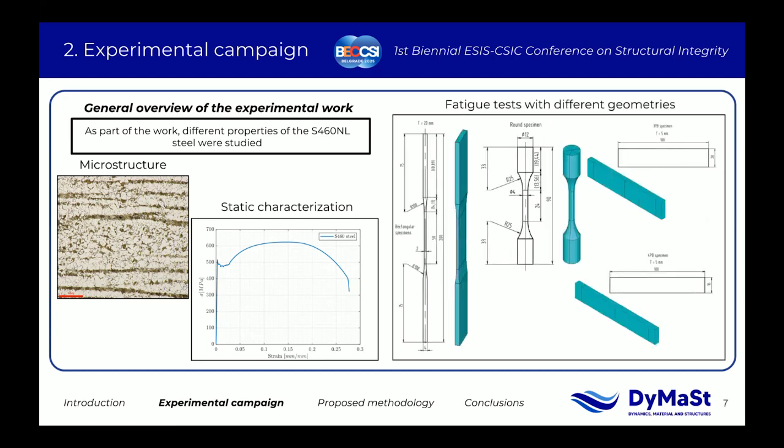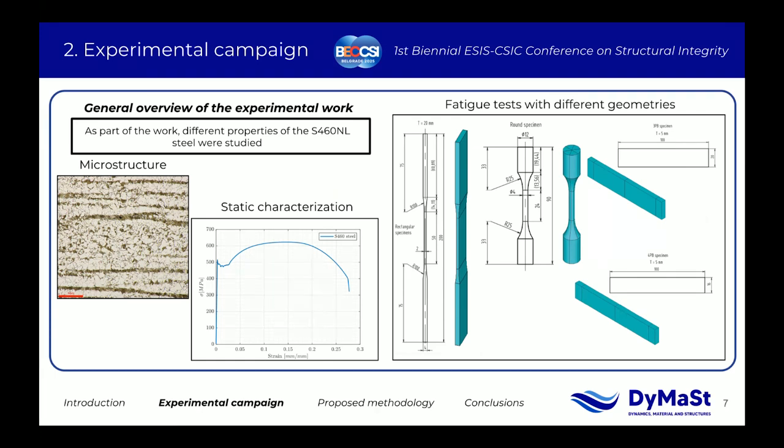And we also performed more than 4 different fatigue campaigns on these steels with the geometry that we can see here in the slide. We use flat specimens, round specimens, and 3-point bending test specimens and 4-point bending test specimens. And in the following, we are only going to focus on the fatigue experimental campaign.